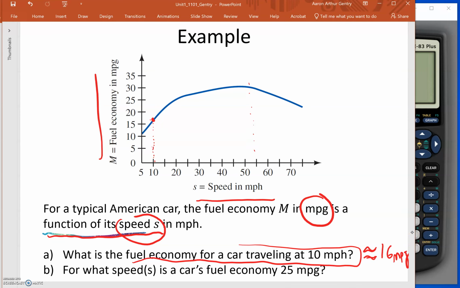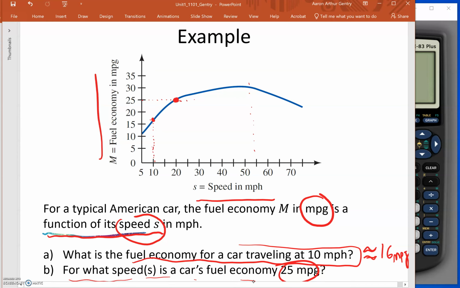Okay. Now, question B, for what speeds is a car's fuel economy 25 miles per gallon? This is one of our turnaround questions. So we are given the output and asked for an input. So if the output is 25, notice what I'm doing. I'm drawing a horizontal line and looking for my intersection.